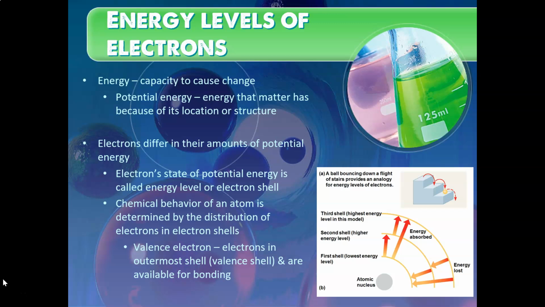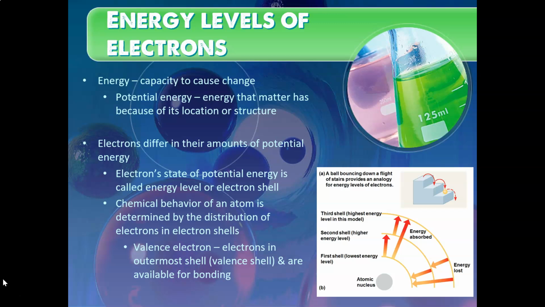We will spend some time when we get to photosynthesis really focusing on that idea of energy levels or energy states, because that is going to be a big indicator for how chlorophyll molecules are able to take in energy from the sun. So each energy level or electron shell or orbital generally has a certain amount of energy associated with it, and those electrons move between those levels based on whether or not they're gaining or losing energy from the environment.